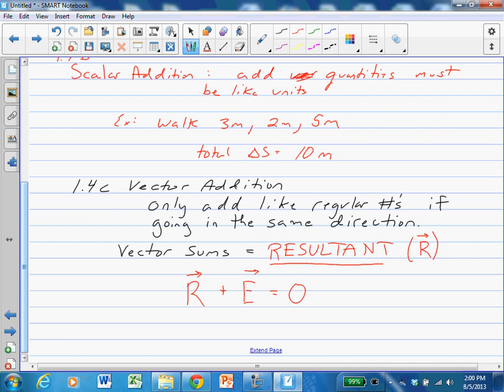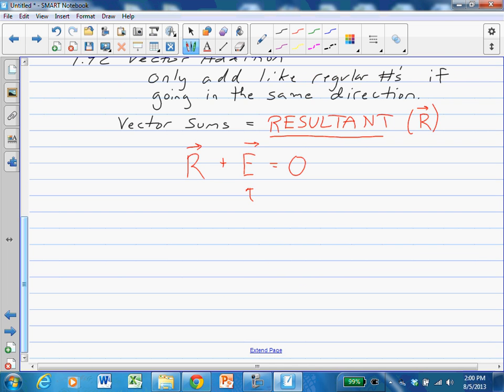So this equilibriant is the same magnitude but opposite direction. Then the resultant, and it results in giving you 0.